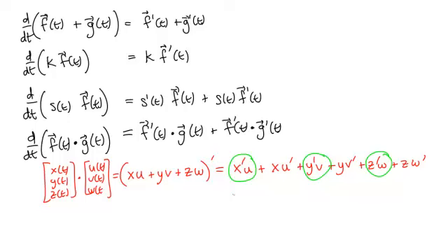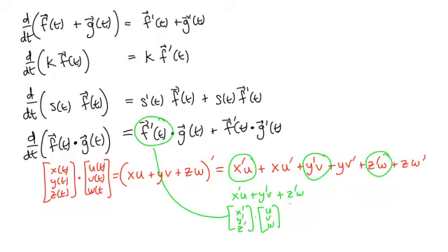If I take a look at x prime u plus y prime v plus z prime w, that's exactly what I'd get if I took x prime, y prime, z prime and dotted it with the vector u, v, w. But x prime, y prime, z prime, that's f prime of t, and u, v, w, that's g of t.